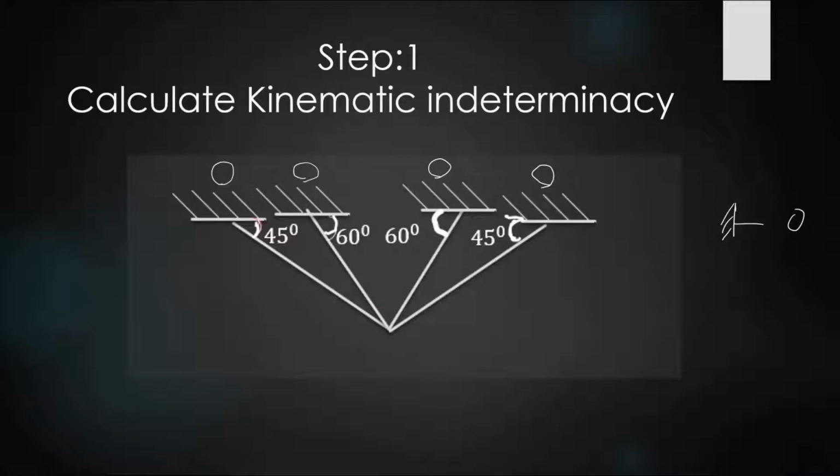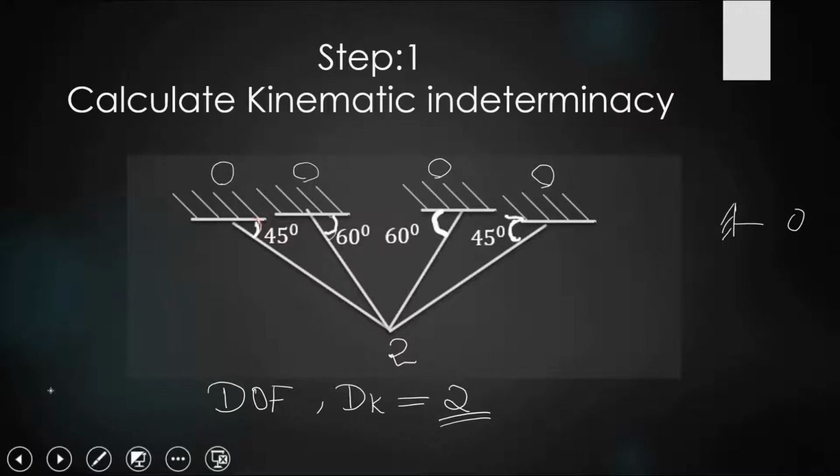So we have 0 degrees of freedom in all the supports and we have a free joint which has a degree of freedom 2. So we can conclude that the degree of freedom of this structure, or dk, is equal to 0 plus 0 plus 0 plus 0 plus 2, which is 2. So the kinematic indeterminacy of this structure is 2. So the first step is over.